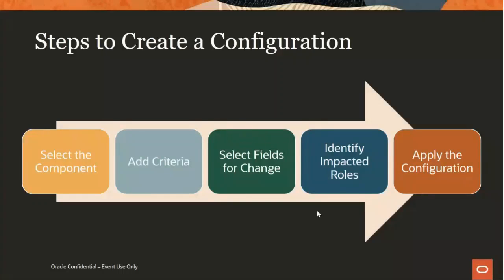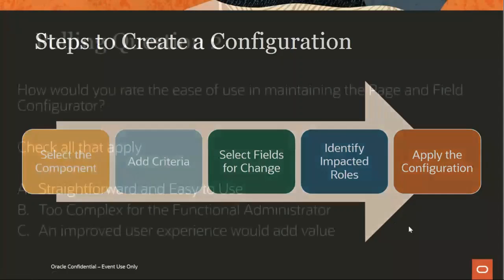So which attributes on the field, which fields on the page will have a label change, which ones will be disabled, etc. There's also criteria for roles and user IDs. That's optional, but it's there. And then we apply the configuration, which actually creates the event mapping, which really makes all of this work.